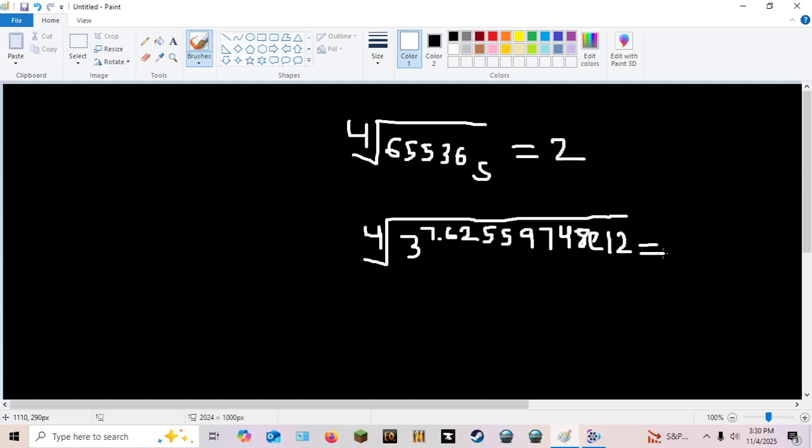You might notice, because I know that 3 tetrated to 3 is 7.62559748 times 10 raised to the 12. And when I add the base 3, I know that's tetration right there. So 3 is the answer. 3 tetrated to 4 is this number. Even a scientific calculator couldn't calculate that. It's probably going to give you undefined, I'm pretty sure.